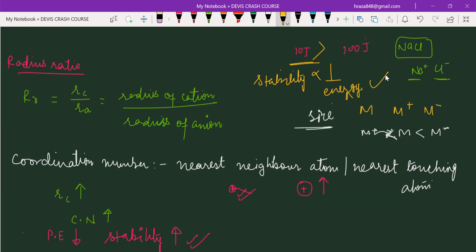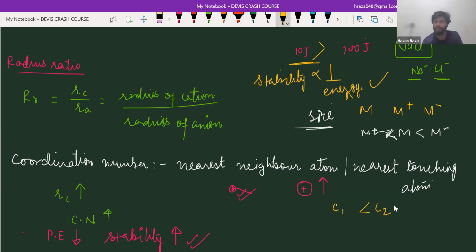So the question can be asked like, if you have cations C1 and C2, and C1 is bigger in size, which one will be more stable? This one will be more stable because it has a bigger size.